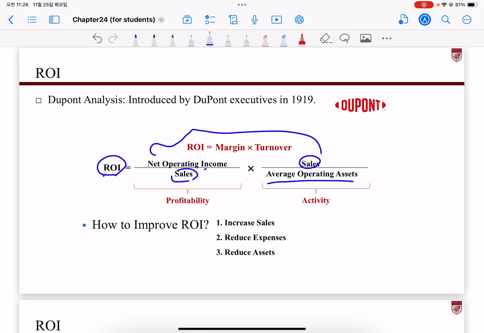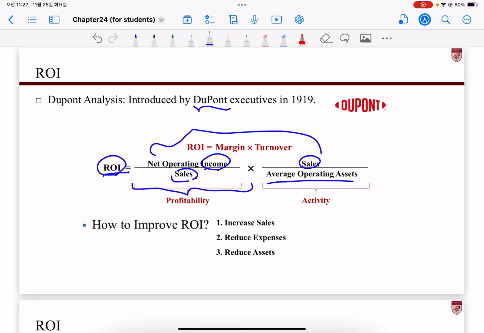ROI decomposition into these two parts was actually introduced by the company called DuPont. The executives at DuPont in 1919 decomposed the ROI into these two parts. Basically, the net operating income over sales is the profitability measure, meaning how much income you can make out of the sales.